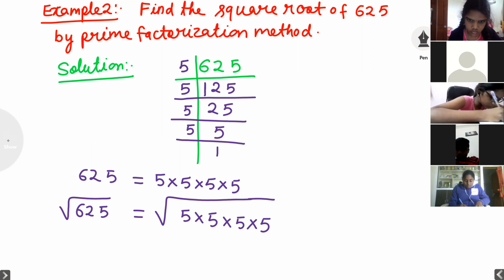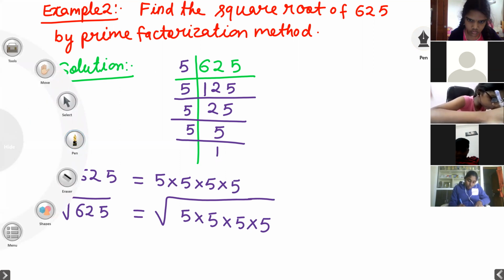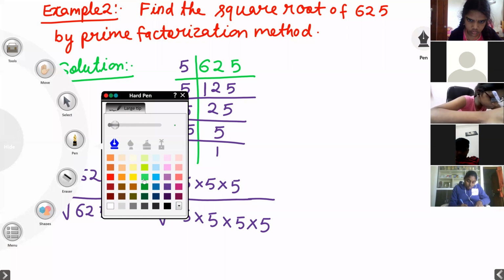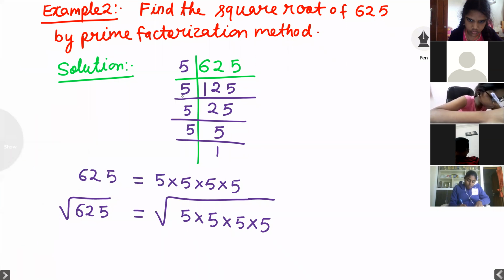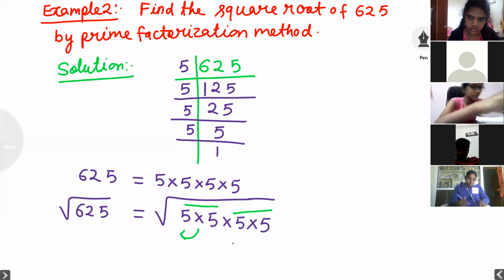Again, next step what will I do? We want to take pairs from the right side. 2 pairs. One pair, second pair. This one pair will come outside. Second pair will come outside. Answer is 5 into 5 is equal to 25.